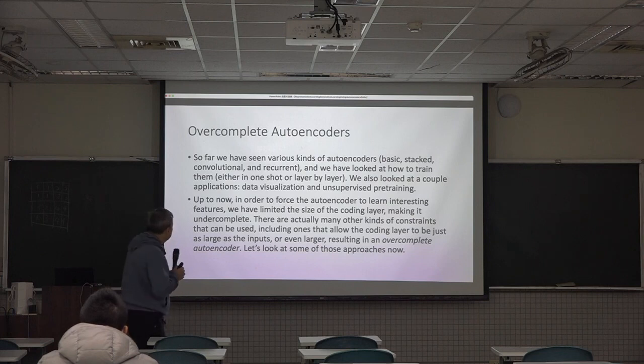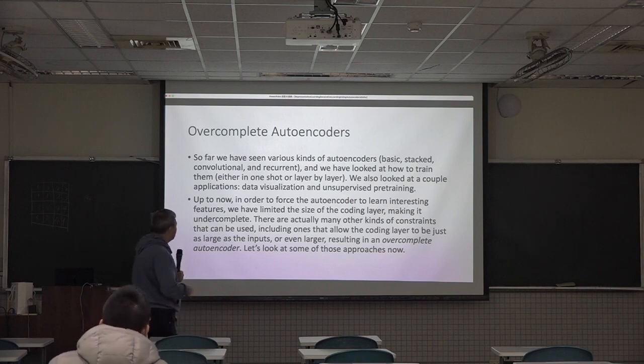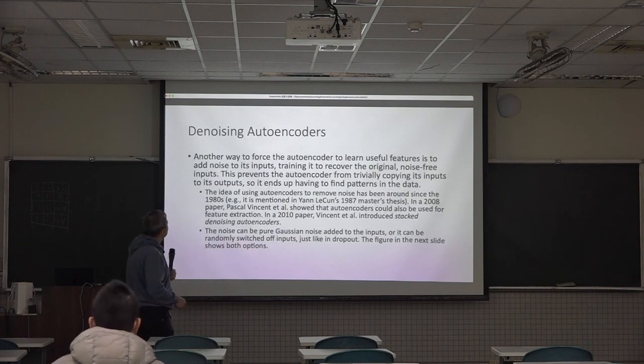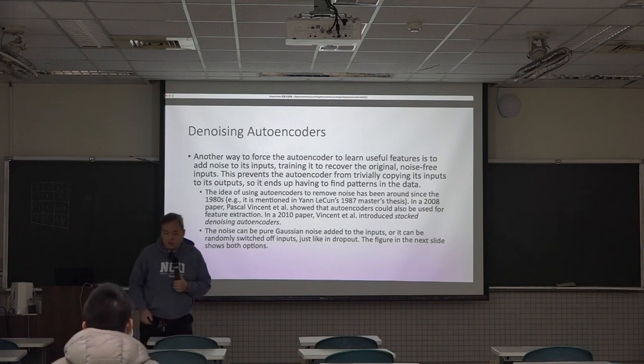There are actually many kinds of constraints that can be used, including ones that allow the coding layer to be just as large as the input, or even larger, resulting in an over-complete autoencoder. For example, the denoising autoencoder.